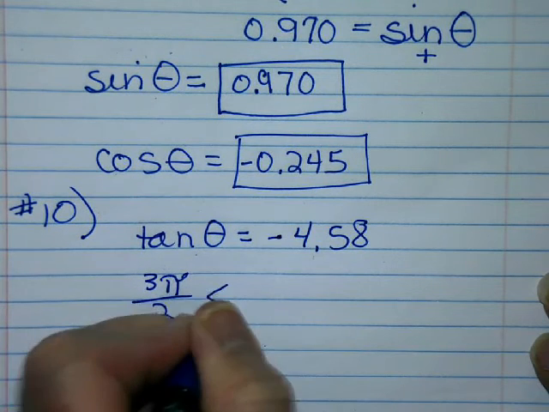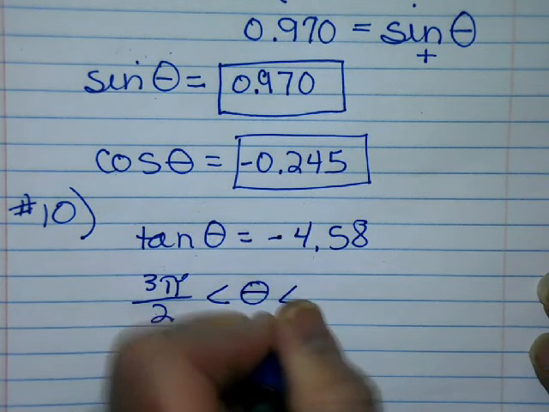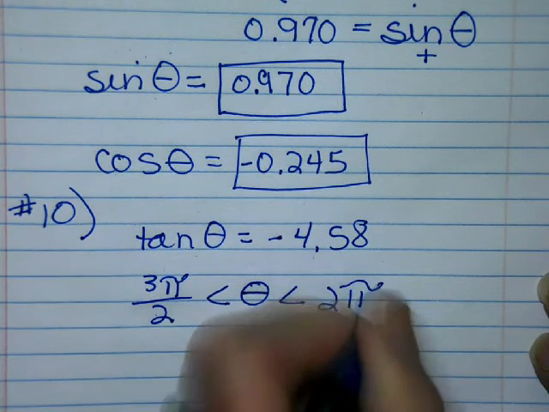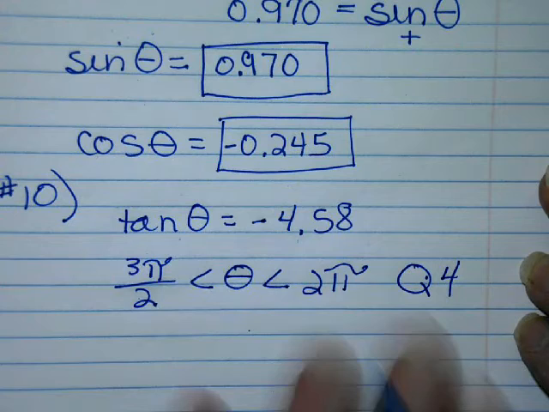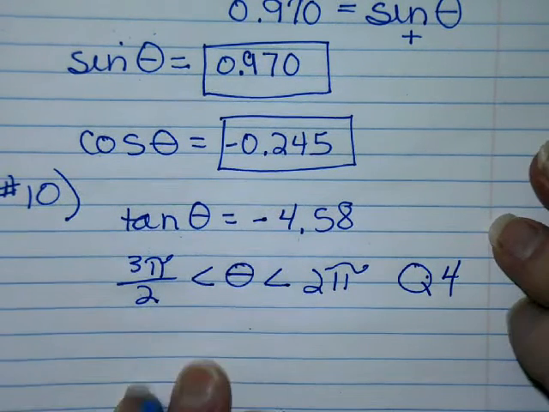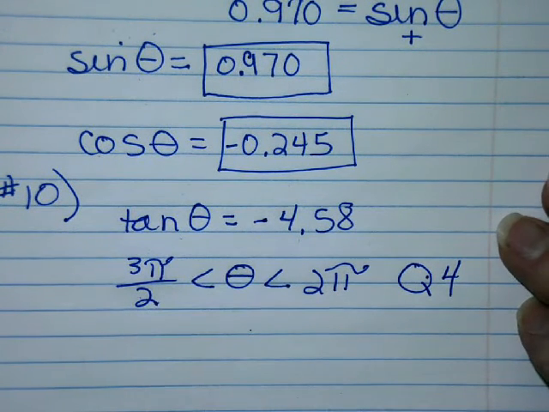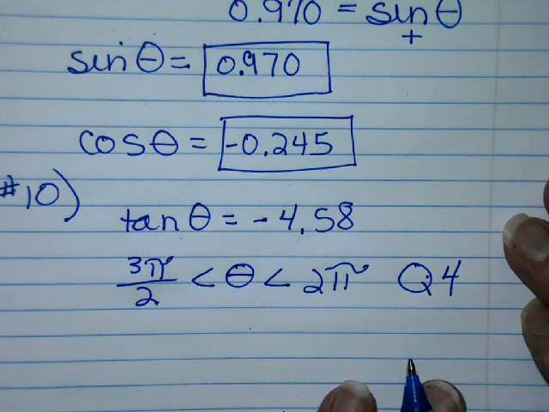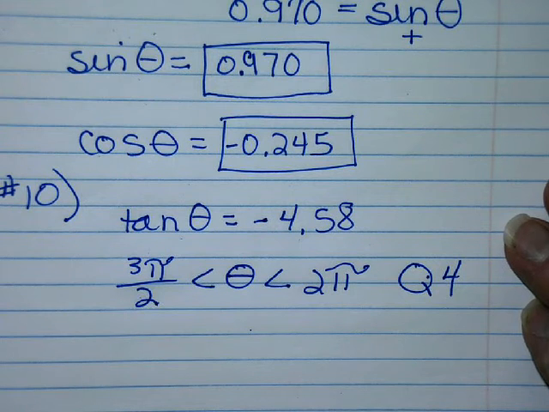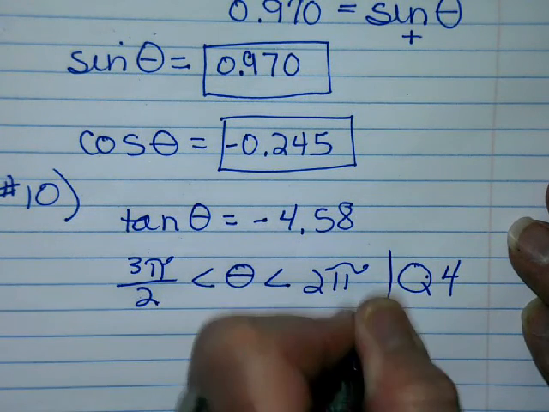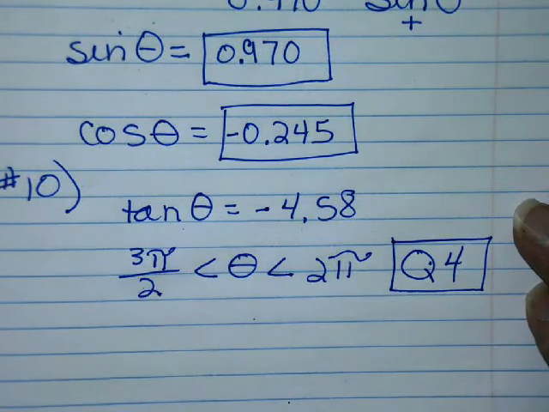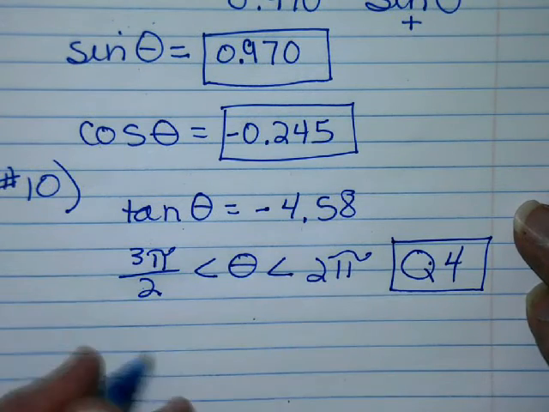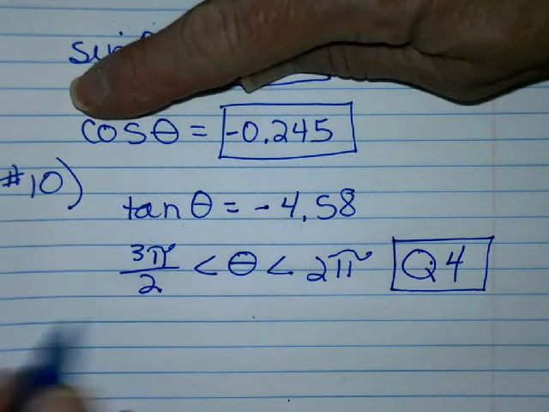It's in 3 pi over 2 is less than theta is less than 2 pi, which is quadrant 4. Cut your circle up in quarters. Find the values of the sine and the cosine, if necessary, round to 3 decimal places. So you just have to remember we're in quadrant 4 after we're all done.